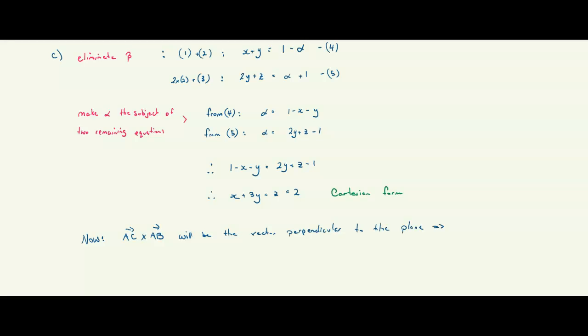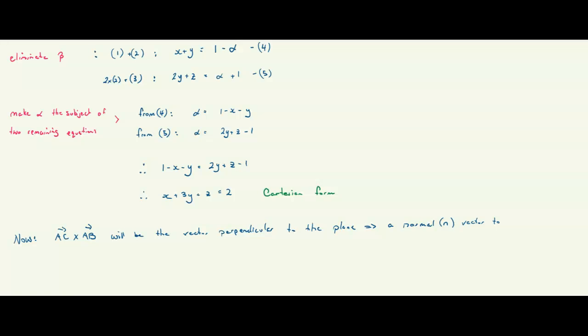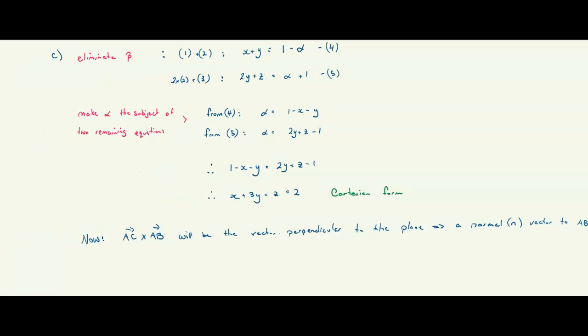So we call that a normal, which we're going to give a little n to, a normal vector to ABC.